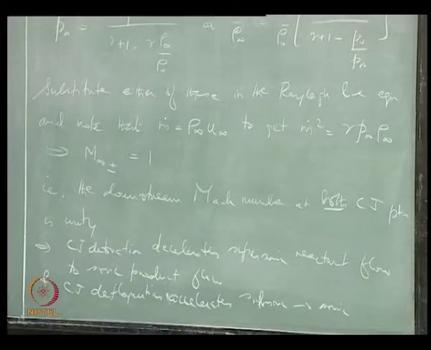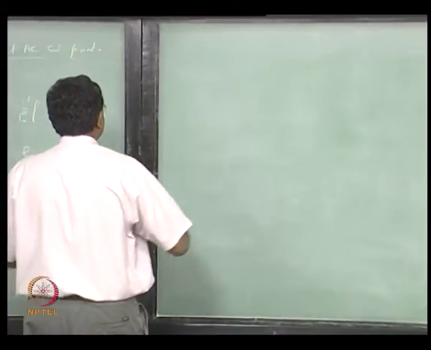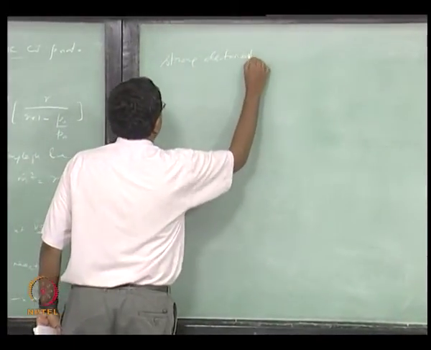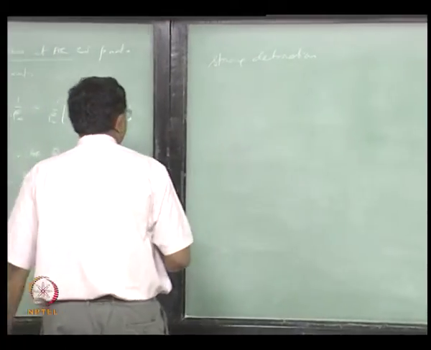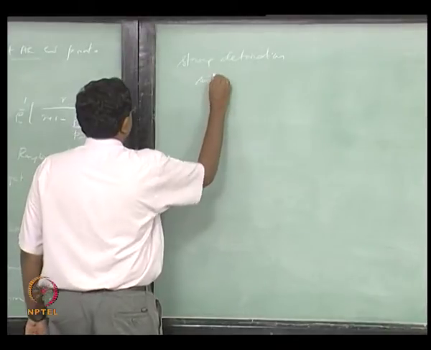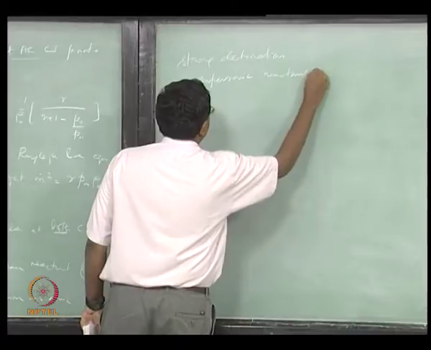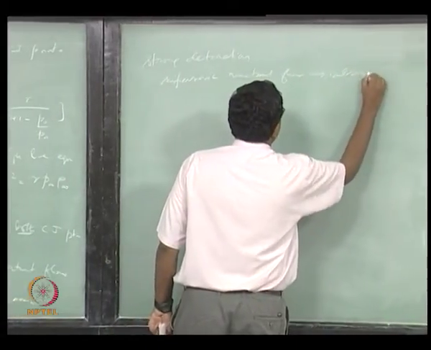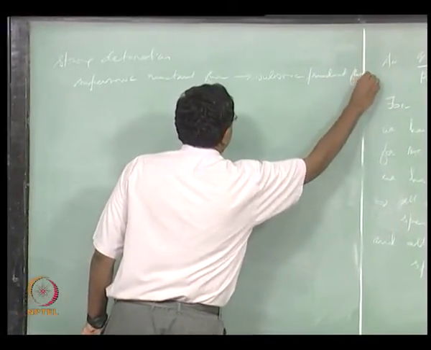If that is going to be the case, the next step is to say that if you got a strong detonation, then strong detonation means supersonic reactant flow becomes subsonic product flow, right.